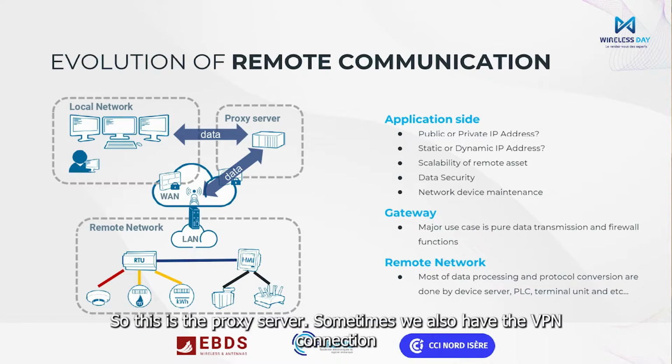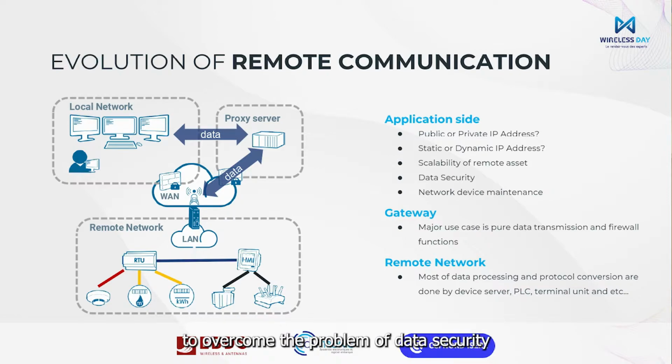This proxy server sometimes also has VPN connections, to overcome the problem of data security. Sometimes it's also embedded with a VPN, so it acts as a VPN server. That means the local network can communicate to the remote network via VPN, via the proxy server.